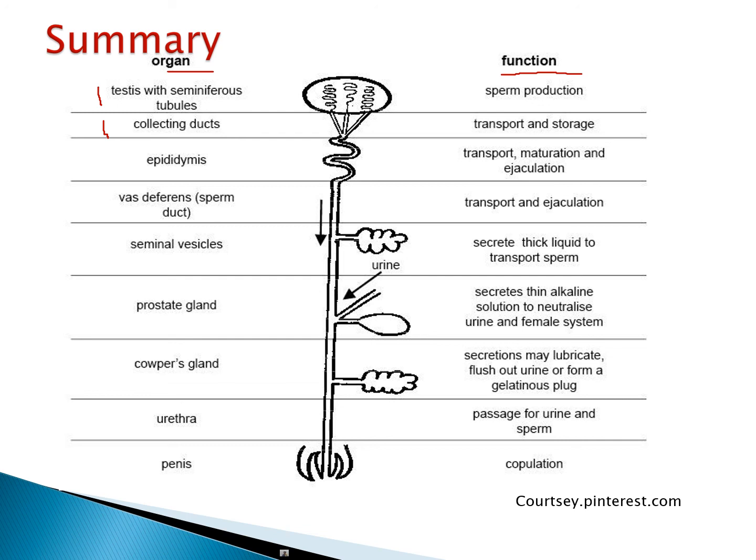In epididymis, there is the maturation of sperm. In the vas deferens, there is transportation and ejaculation. Seminal vesicle, prostate gland, and the bulbourethral gland secrete certain juices, and together we call them seminal plasma. And finally, through these two organs, sperms are ejected outside.